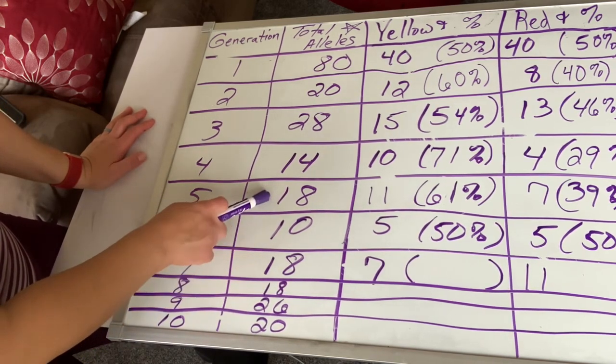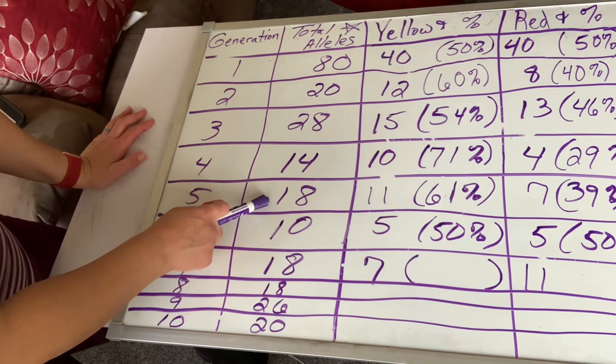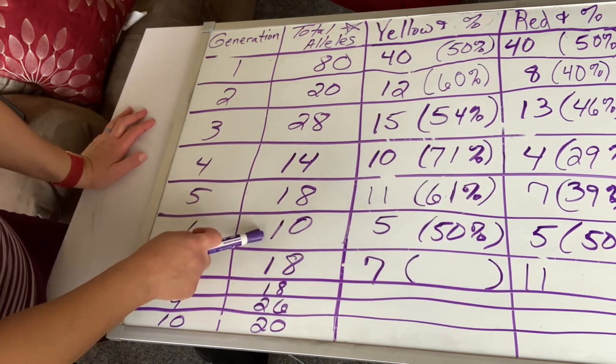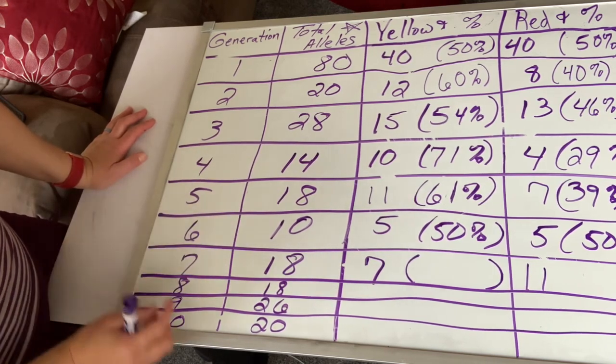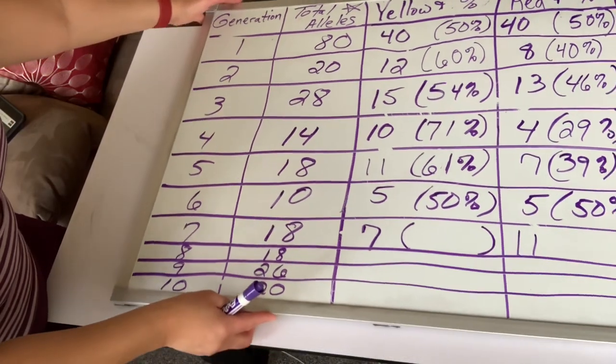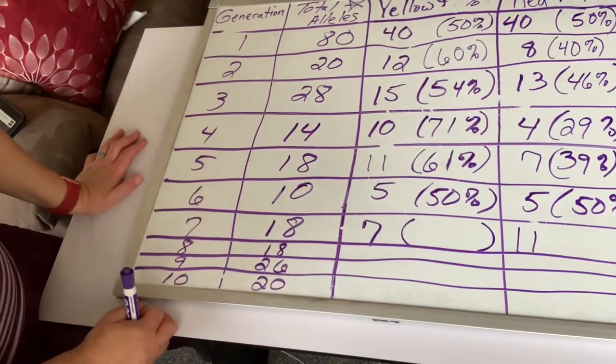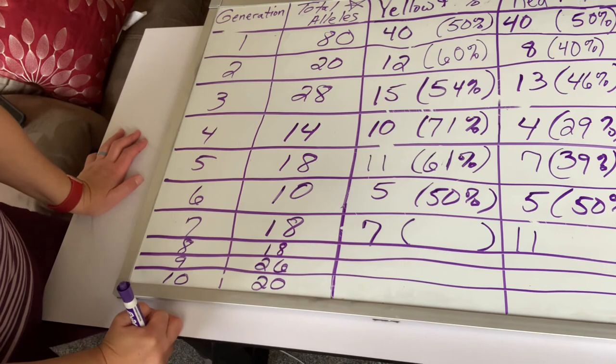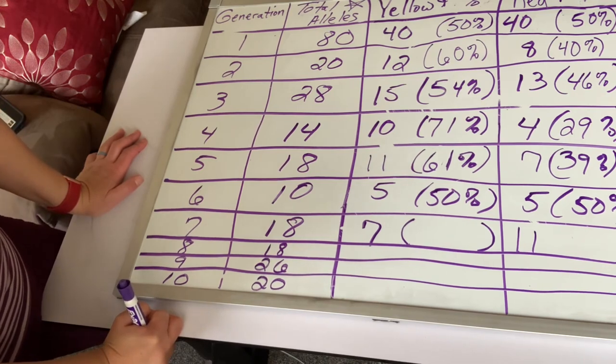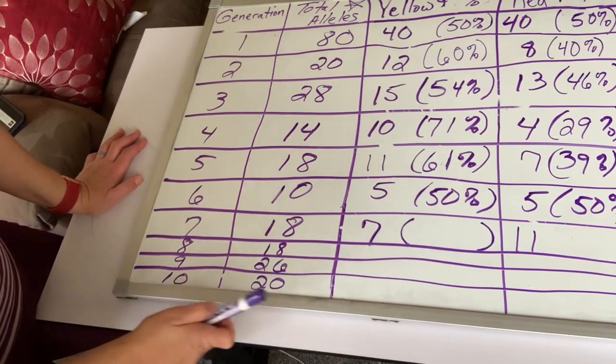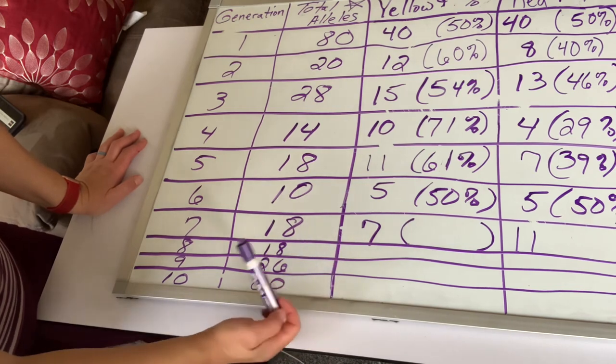So we had 9 individuals, and that went down to 5 individuals. Those 5 individuals got together to mate, and between the 5 of them, they had 4 kids. So that's why we added 8 alleles to it.